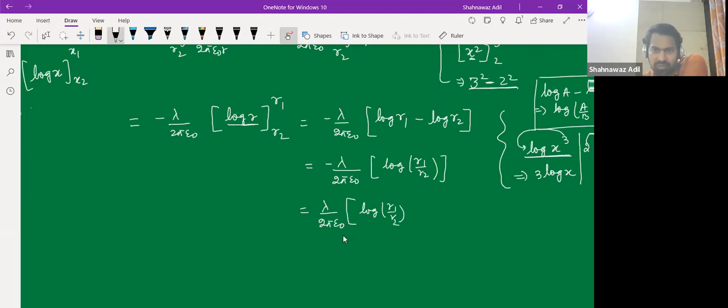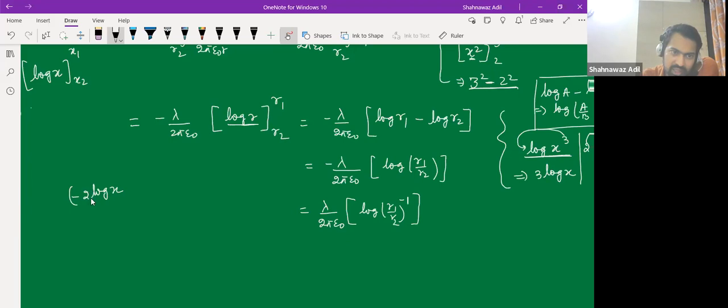What would be the power? I took this minus inside the log, so this will go in the power. So how much would be the power? Minus 1. Right. So let's say I have this minus 2 log of x.